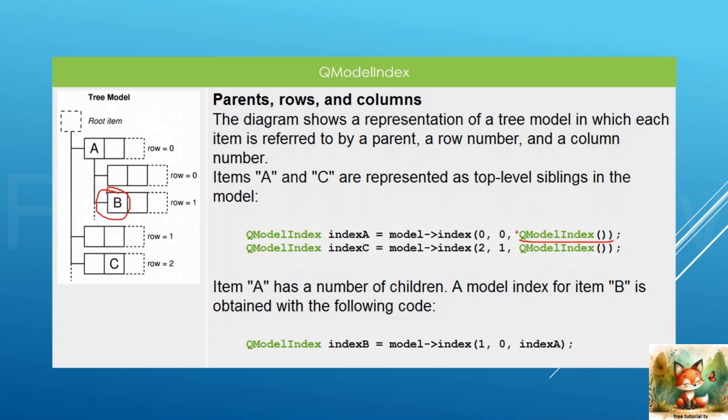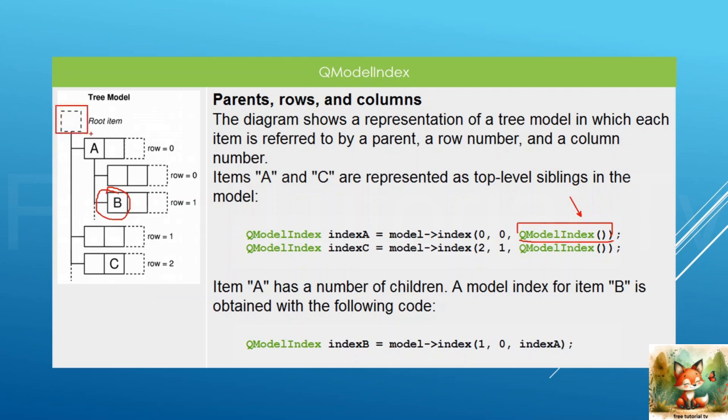And you get to the root index by calling the default constructor for QModelIndex. This is something we talked about. And using this, we can really address any item in the model, provided we know the row number, the column number, and the parent under which it lives. And we can keep hunting from parents until we hit the root item in our model.